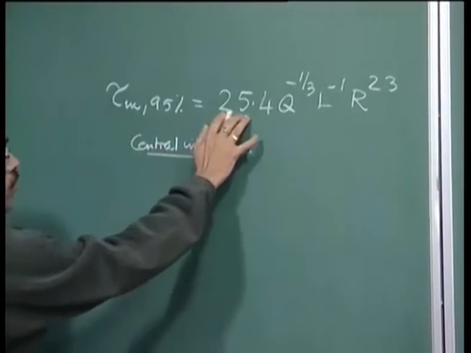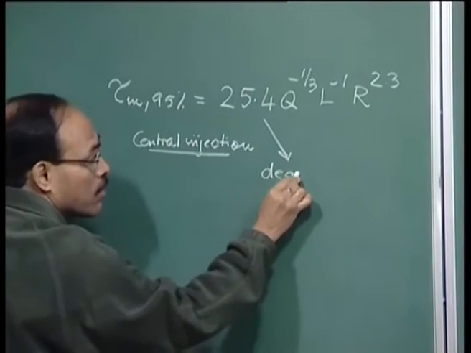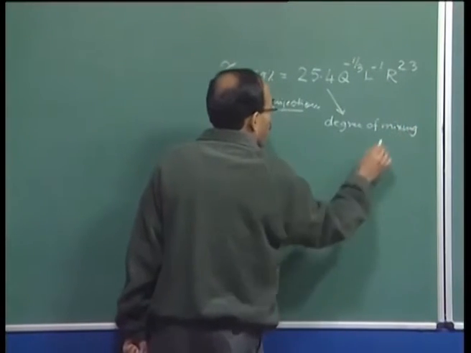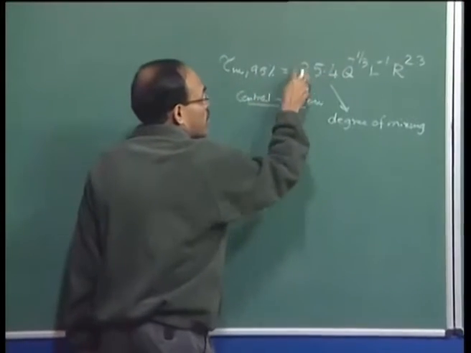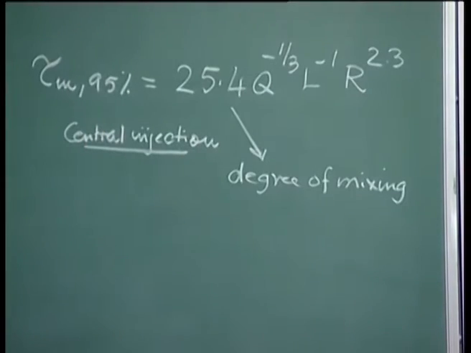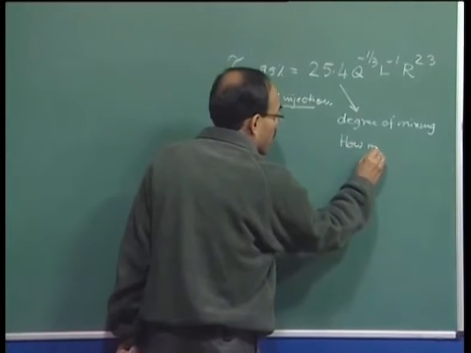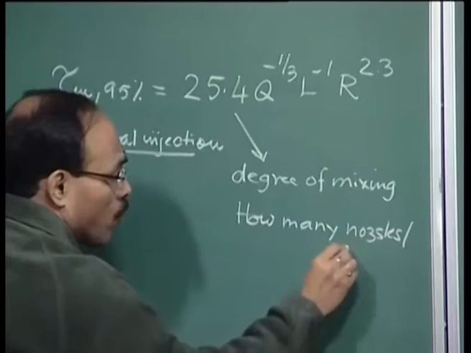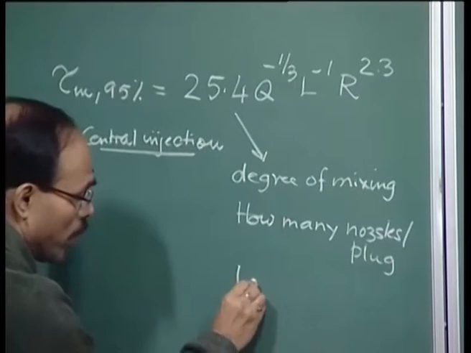This constant, which is empirically fitted, depends on the degree of mixing. For example, if I say that it is 99% mixing, in that case obviously this constant is not going to be the same. It is going to assume a much larger value. It also depends on how many porous plugs or nozzles, and on the location of the plug.